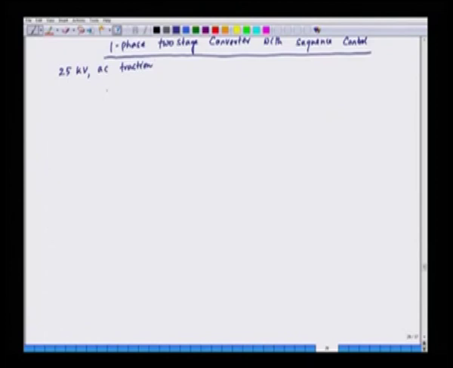So, we have the traction supply here, 25 kV, and then we obtain this through the pantograph, and then we have the primary of the high voltage transformer. Then we have 2 converters here, and the converters are semi controlled converters, but we do not have any single converter.